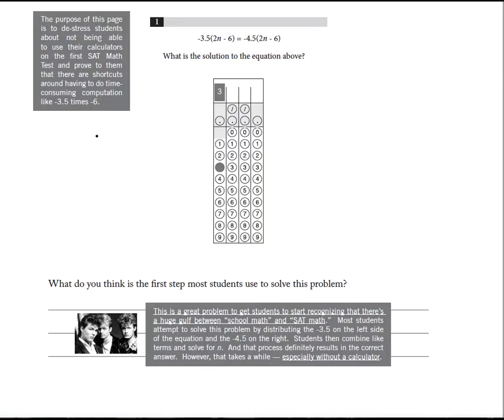That's fine. You just want to say something to them like, and you'll see this in the clip that I show you guys from the class that I taught, like, hey guys, I see some of you are starting to solve this problem. That's okay. I just want to make sure you pay attention here, because again, I want you guys to understand that sometimes the fact that a problem doesn't allow you to use your calculator is often a clue for the fastest way to solve it. So what you'll do is you'll write this on the whiteboard.